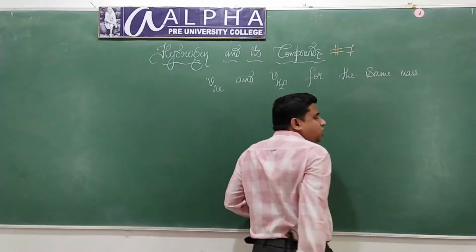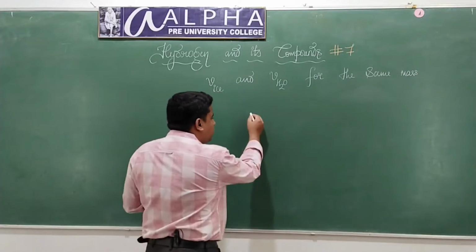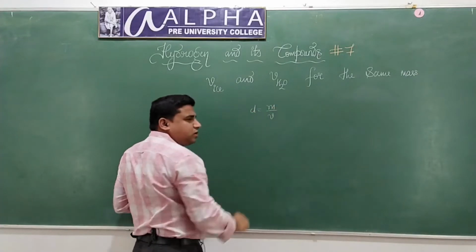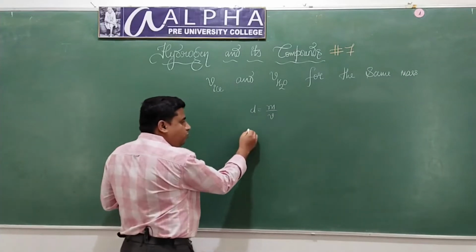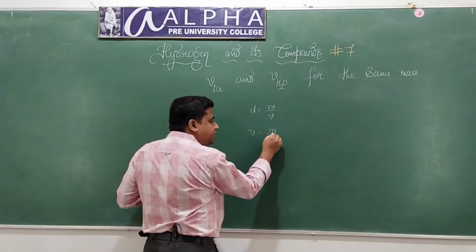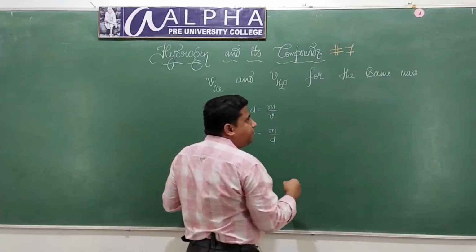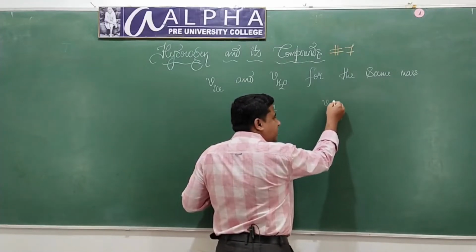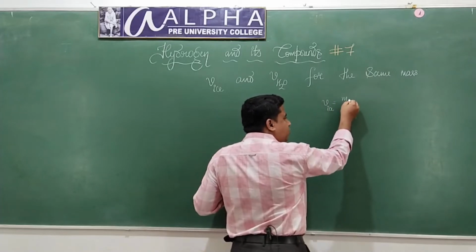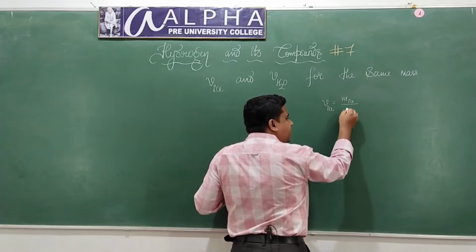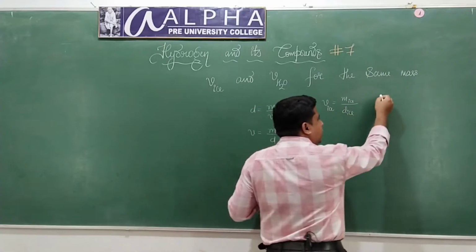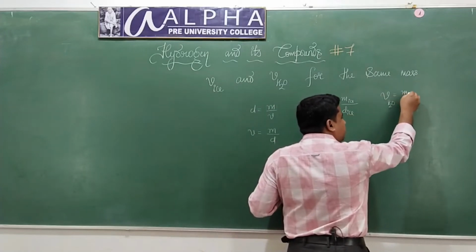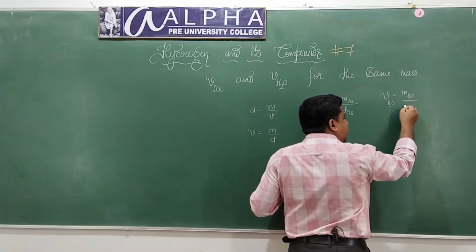We know density is equal to mass by volume, so volume is equal to mass by density. The volume of ice is equal to the mass of ice divided by the density of ice, and the volume of water is equal to the mass of water divided by the density of water.